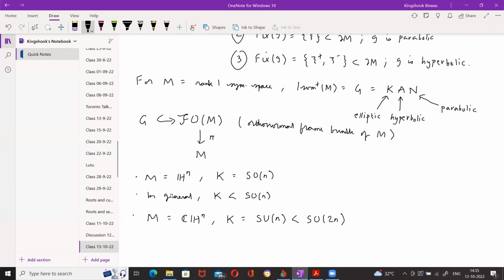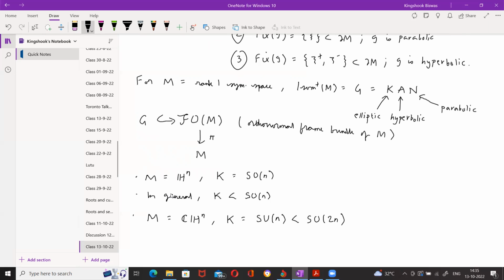So here you would not look at all frames. You would have to look at complex frames.